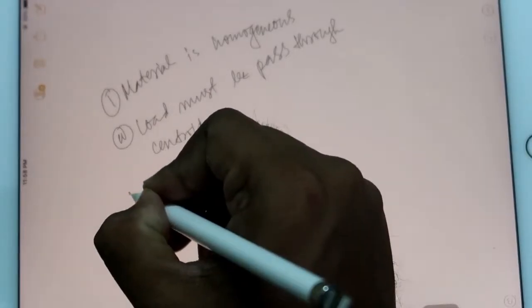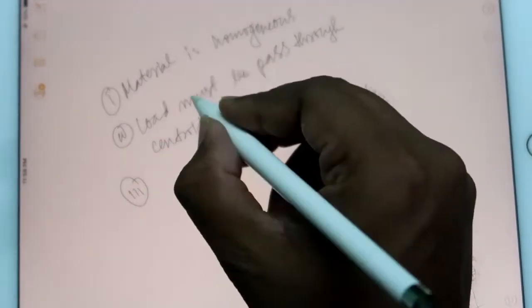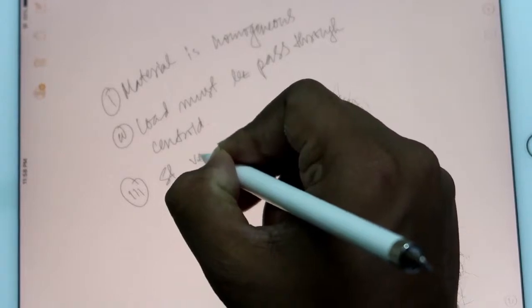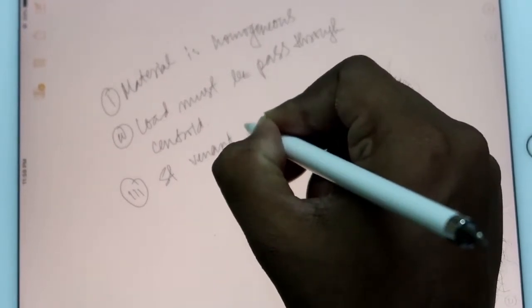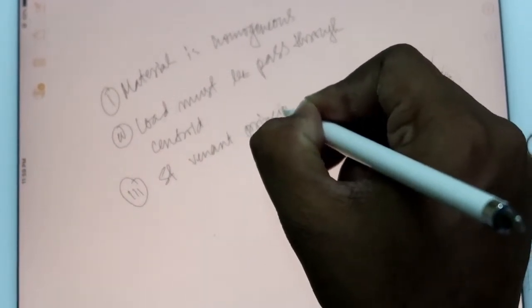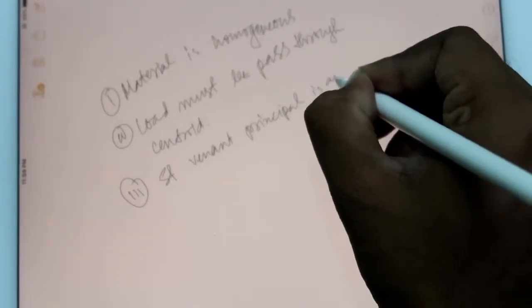And point number 3, Saint Venant's principle is applicable.